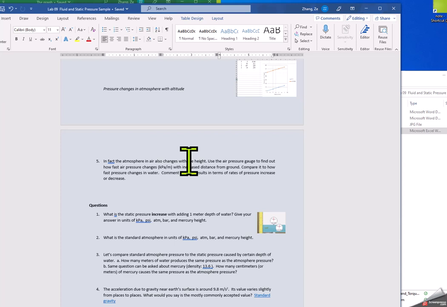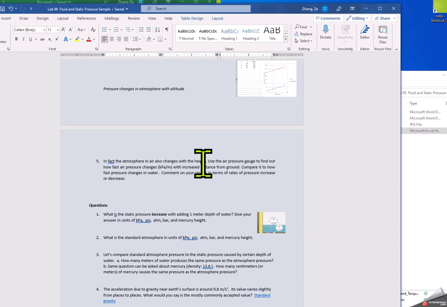It does change, so I want to compare how the pressure changes with height in the air and in the water. Obviously, in the water it changes much faster, and you can go online and see what the atmospheric pressure is at different heights.